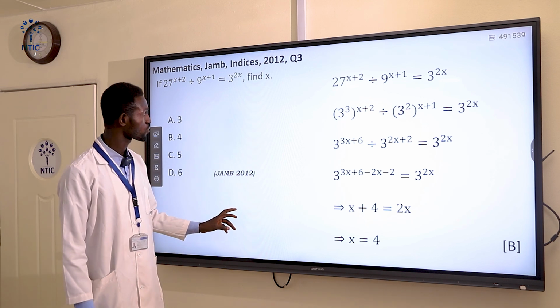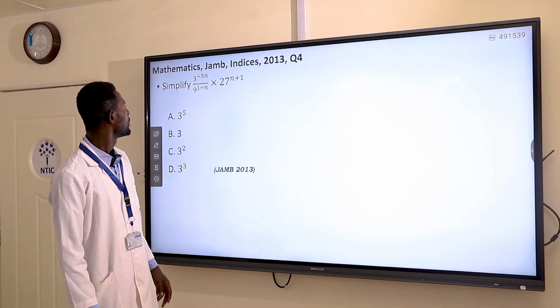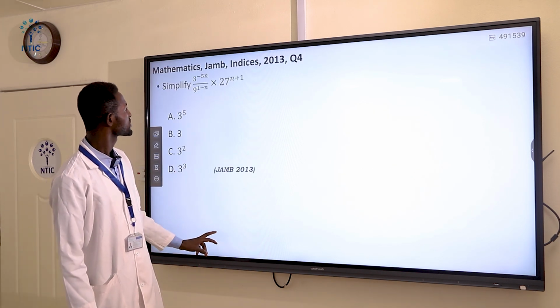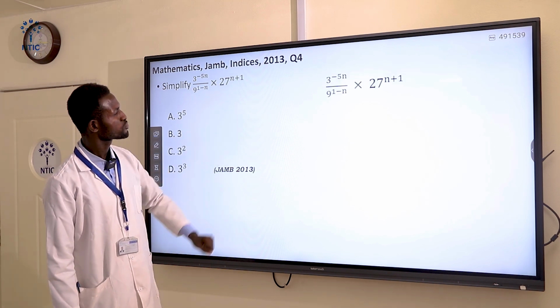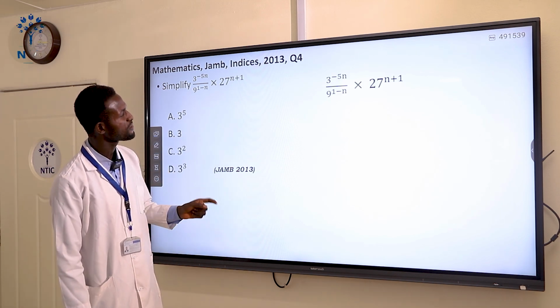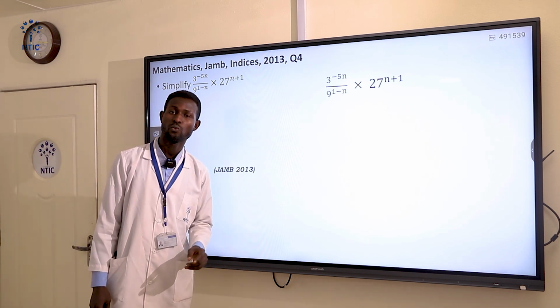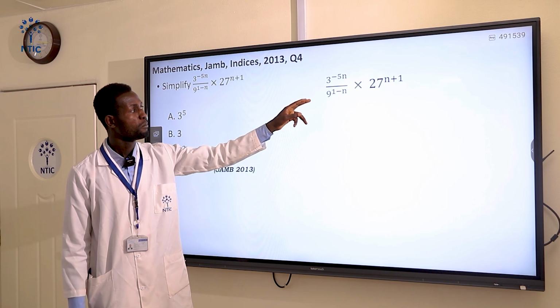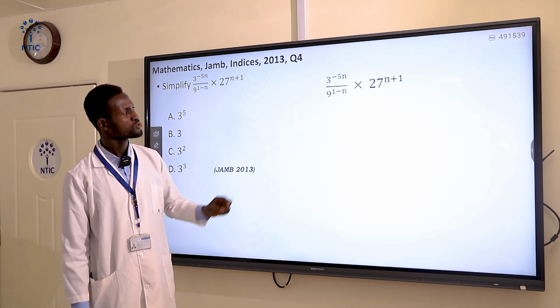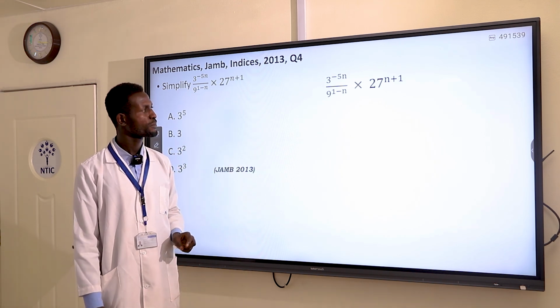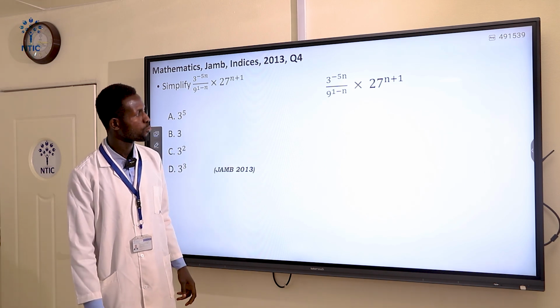Now we move to the next question. In this question, we are to simplify 3 raised to the power of minus 5n divided by 9 raised to the power of 1 minus n multiplied by 27 raised to the power of n plus 1.